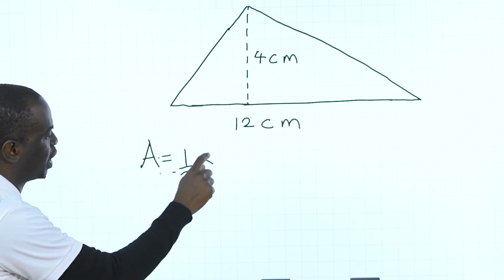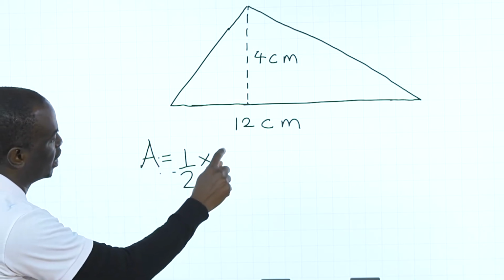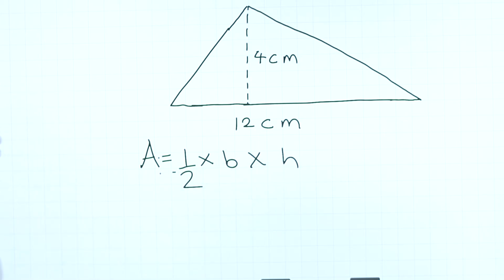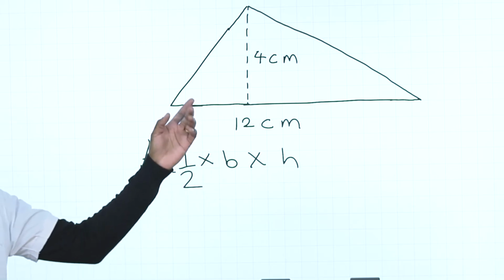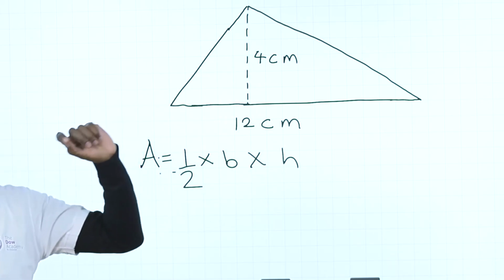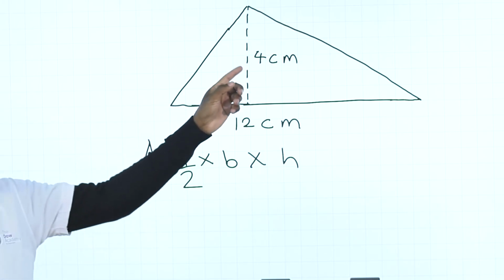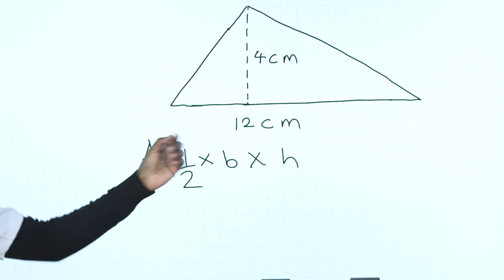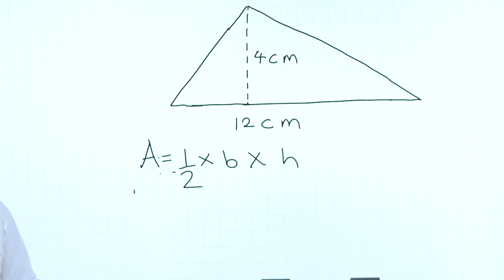We are going to multiply it by B by H. B represents the base, H represents the height. Our triangle's height is 4 centimeters, and the base is 12.